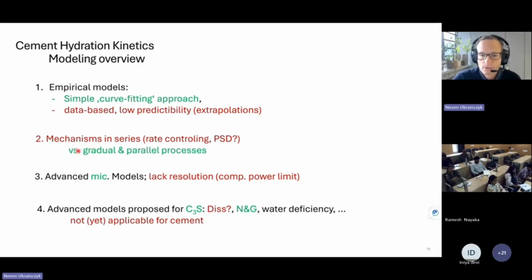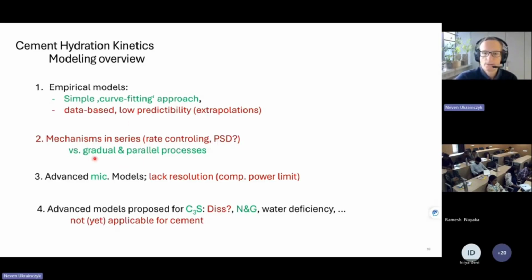Then I showed you the mechanisms of the kinetics: nucleation and growth, dissolution reaction, interaction between cement and water, and diffusion. Each mechanism, in each stage, can determine the rate. You can put them in series, so they are rate controlling.